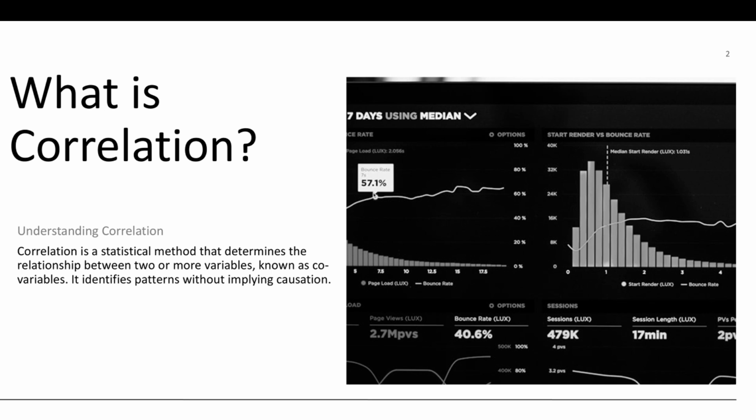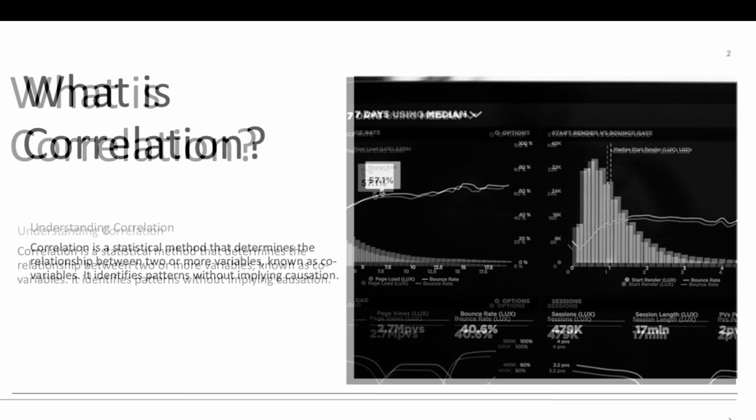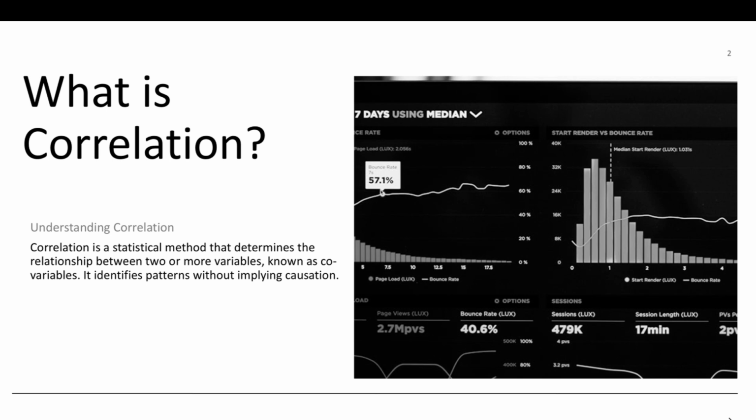We don't have independent and dependent variables because relationships are being looked for. So we have co-variables. It's really important to make sure you're using the right terminology because the one thing correlations cannot do is show causation. They can only show that one thing is related to another.